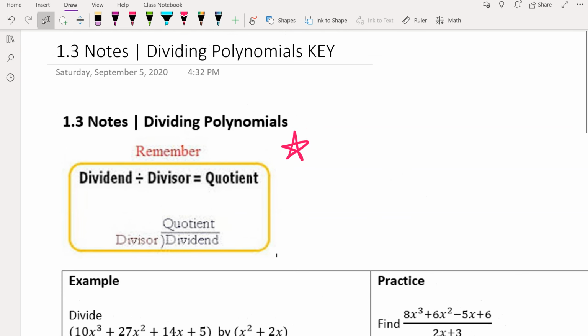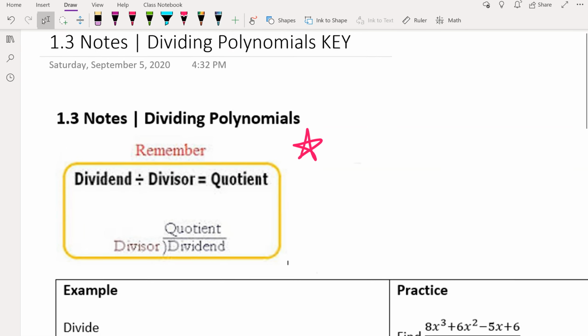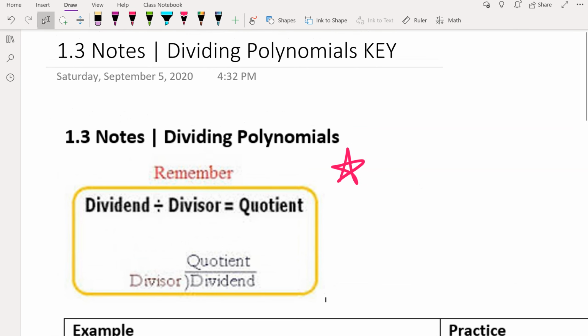All right, so the first thing you need to do is write down the note about dividing polynomials. You need to remember that if we were going to write it in fraction form, it's dividend over divisor equals quotient. These are the names of each piece of a division problem.